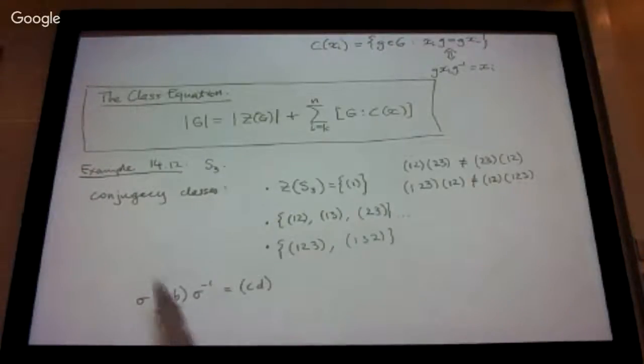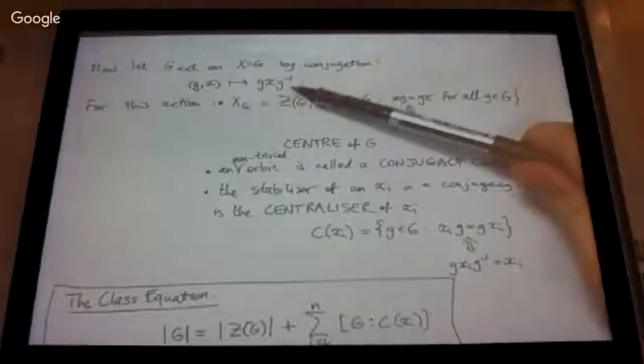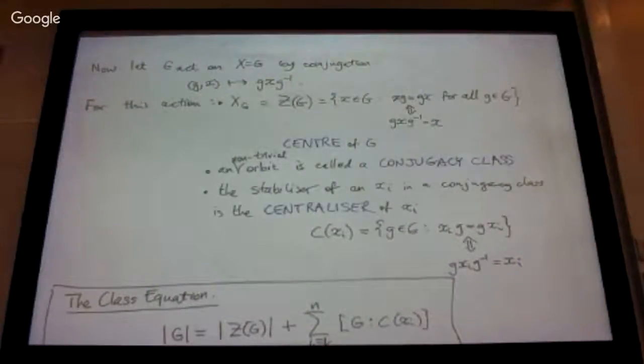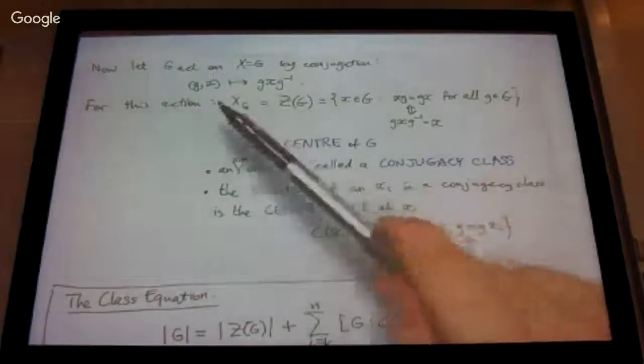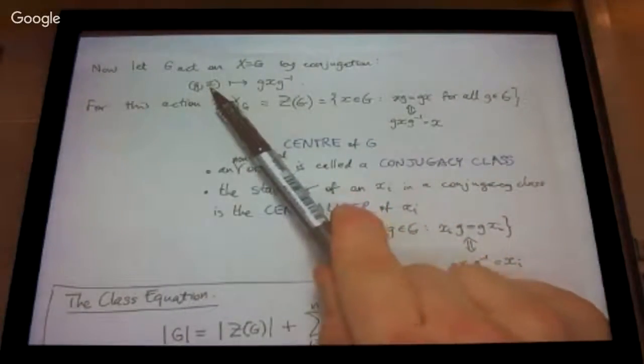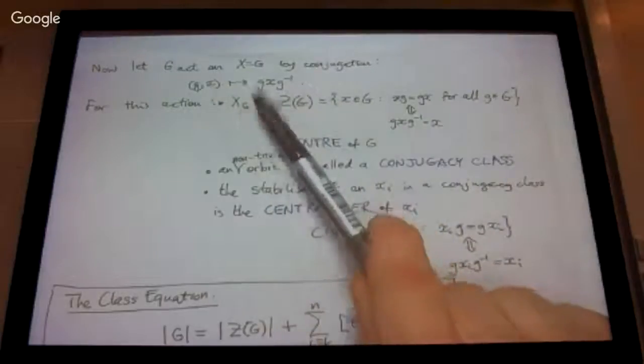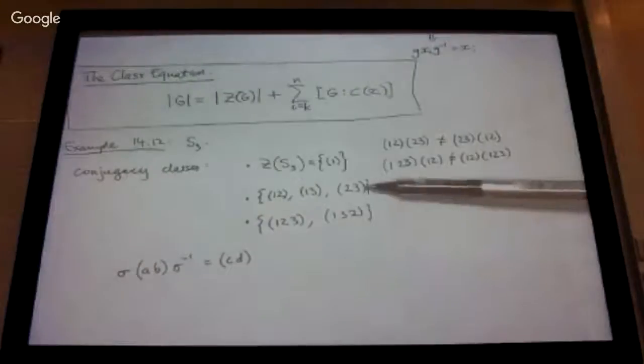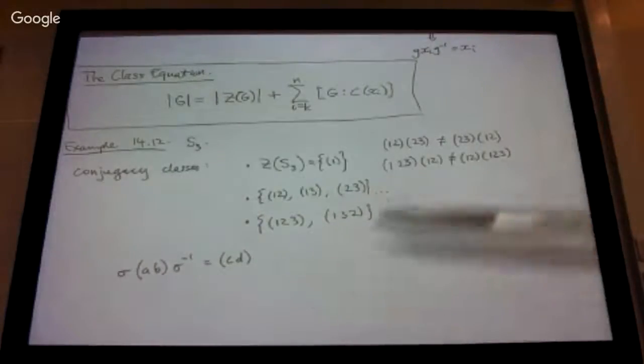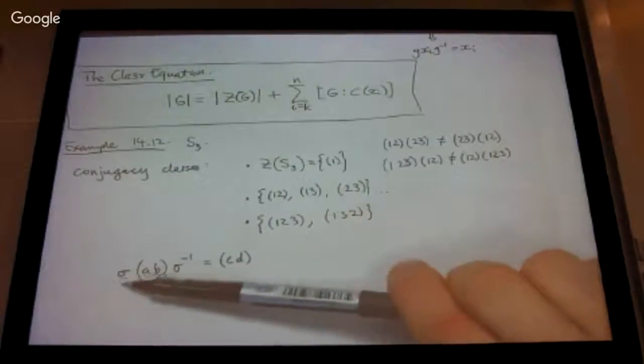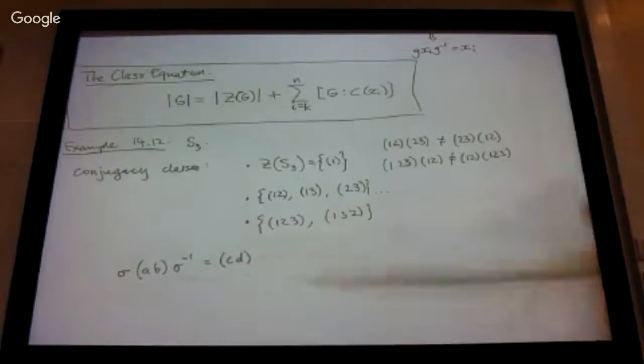And so by acting on it in this specific action, when I take sigma, and that's my 2 cycle, what I'm getting is sigma, 2 cycle, sigma inverse, and I'm claiming that this is an orbit. Whichever sigma I take, from a 2 cycle I always get a 2 cycle if I do sigma AB sigma inverse, and also that I can get them all.